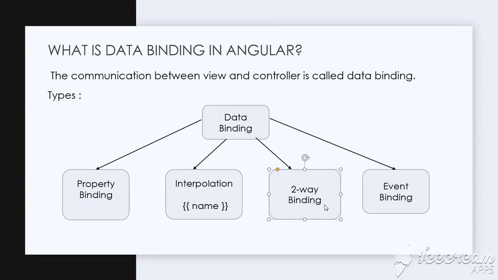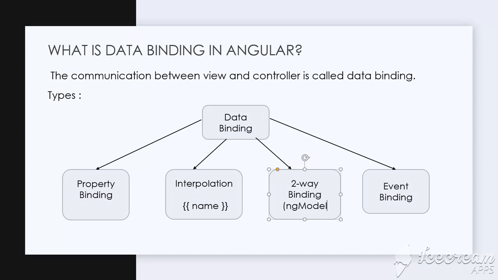Okay, as an example for two-way data binding, we can use, for example, ngModel. Let's say we have some input component on our HTML, and we write something into it, and then we pass it back to our TS file using ngModel, and then our TS file sends it back and, let's say, prints it in another HTML component.